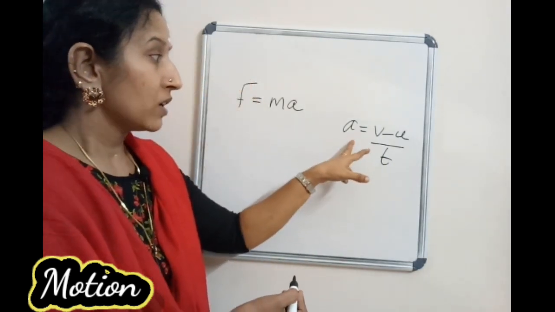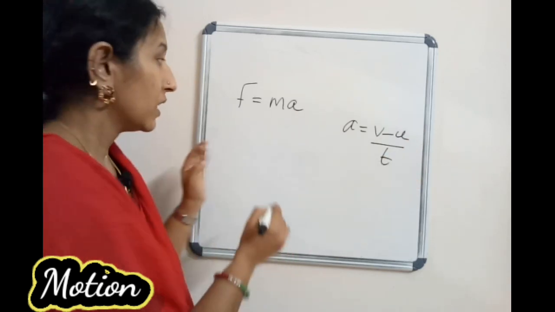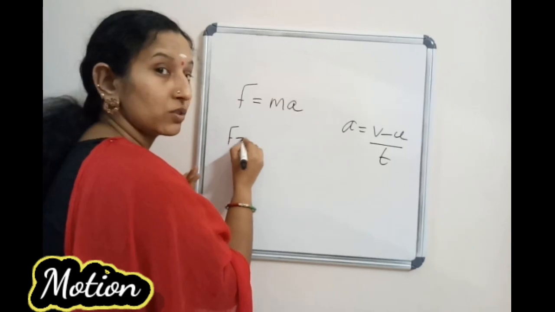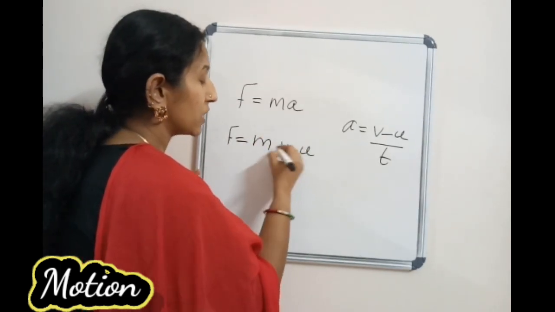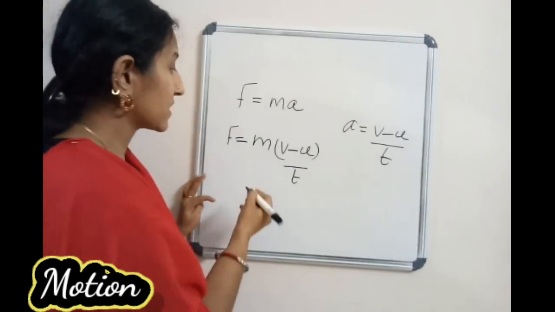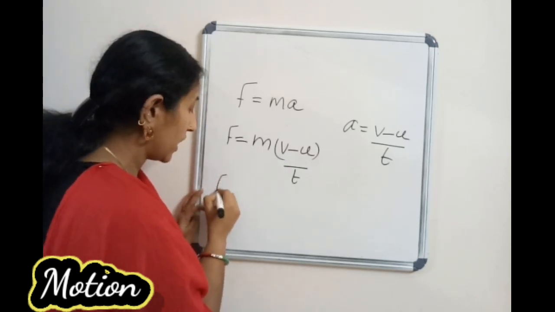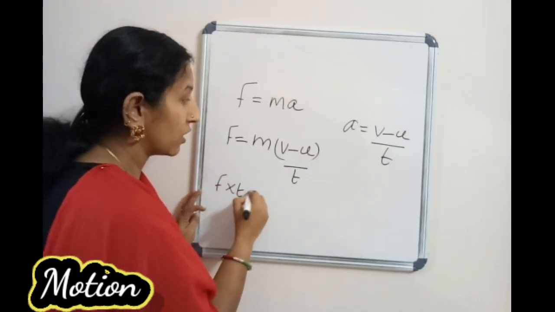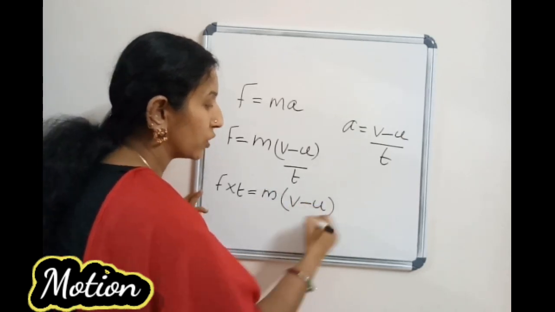So substitute a equal to (v minus u) by t here. Then F equal to m into (v minus u) by t. In the next step, cross multiply F and t. So F into t equal to m into (v minus u).